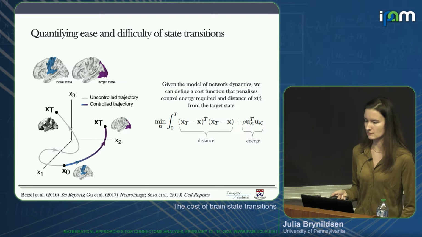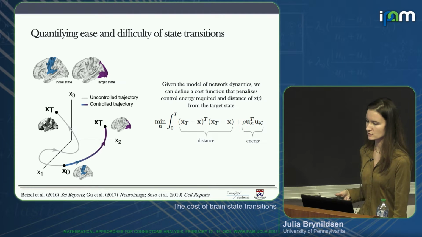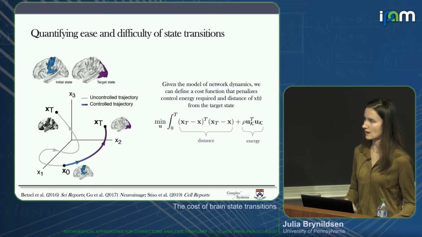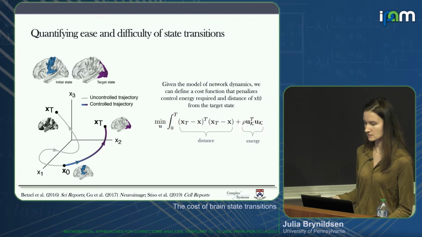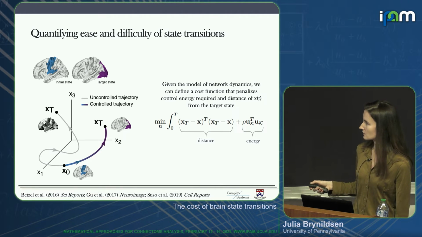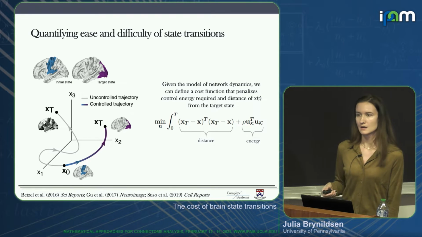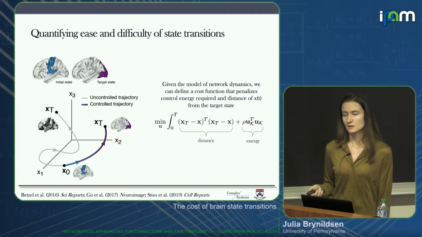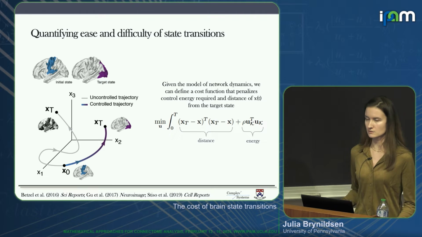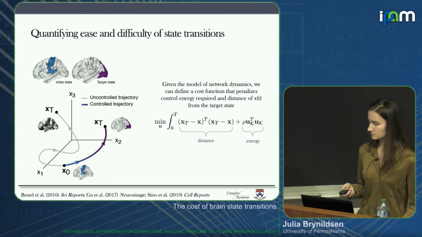And the distance constraint reflects the fact that optimal transitions between states should have reasonable lengths. So in practice, the control input could be something external, like stimulation, or it could be something internal, like cognitive control.